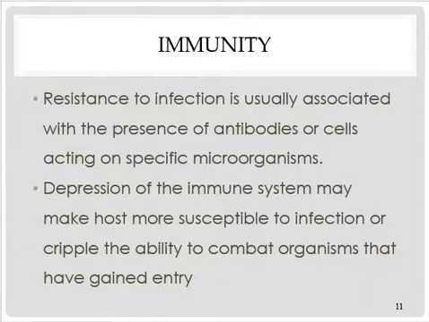Depression of the immune system may make hosts more susceptible to infection or cripple the ability to combat organisms that have gained entry. What are some medical problems that may cause a decrease in a person's immune system?